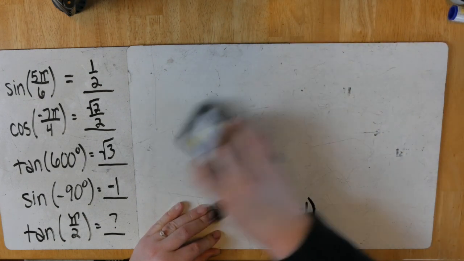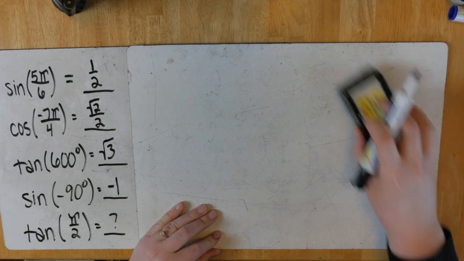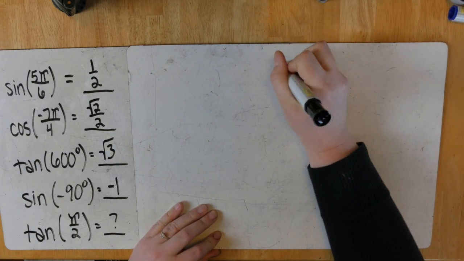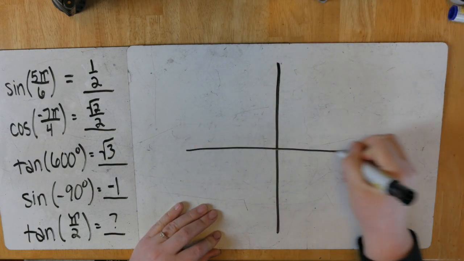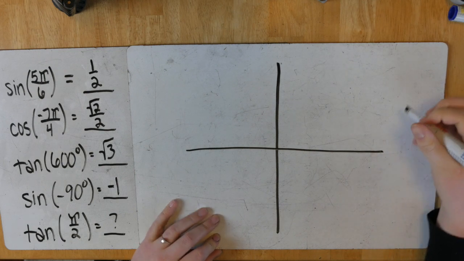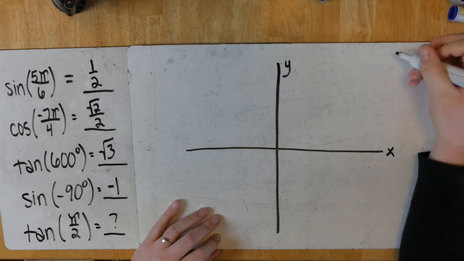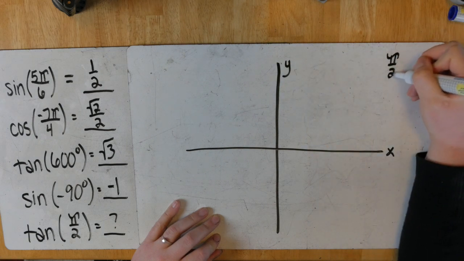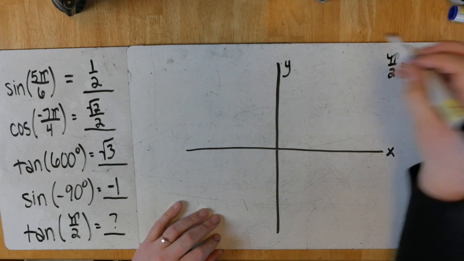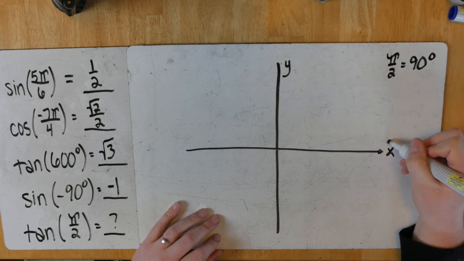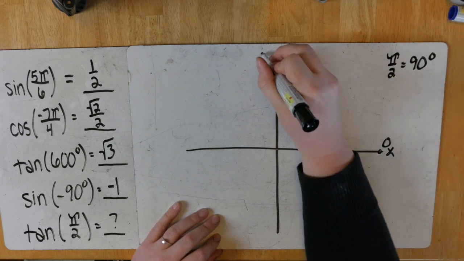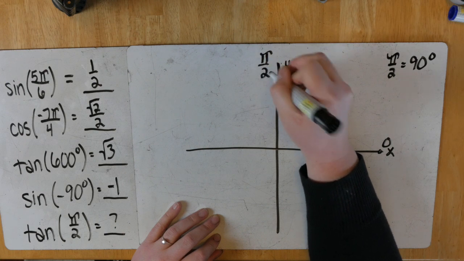And lastly, we will finish up with the tangent of pi over 2. And I know that pi over 2 is equal to 90 degrees. So we start at 0 and we go 90 degrees to get to pi over 2.